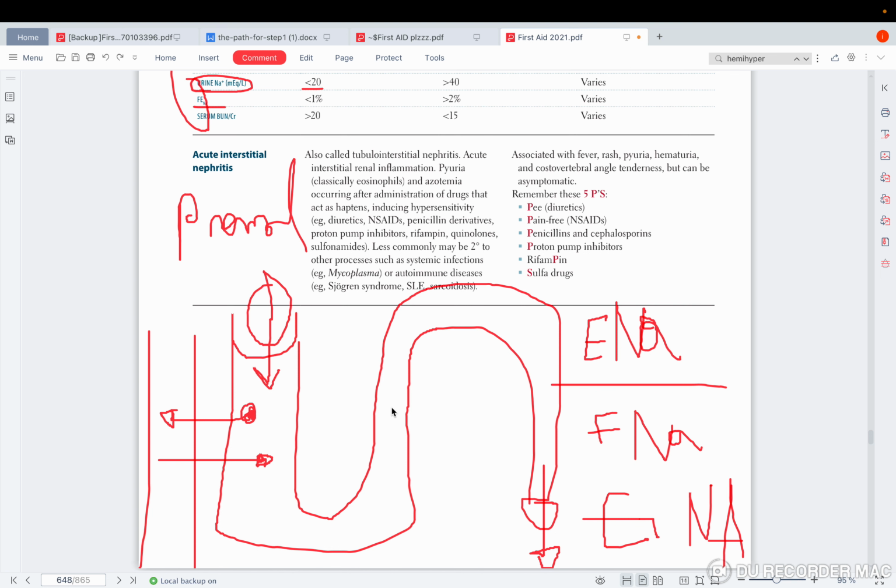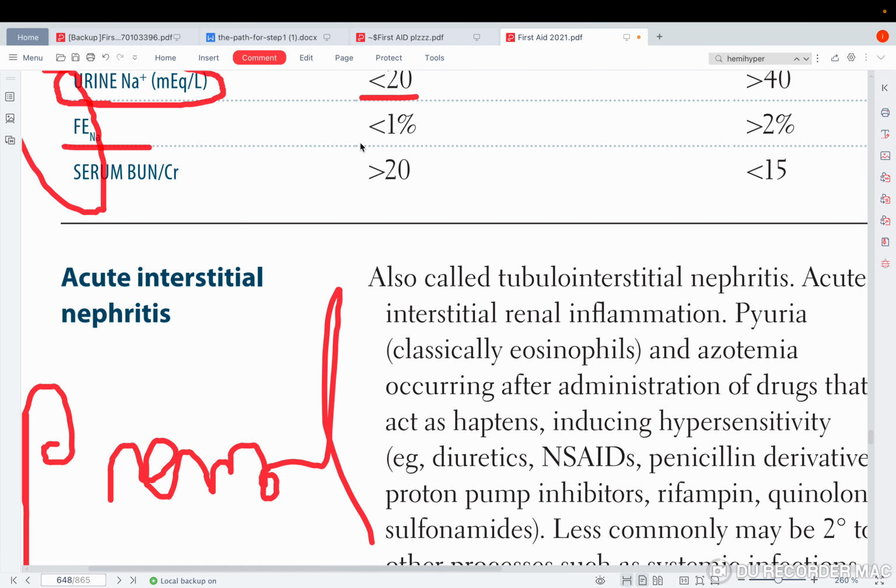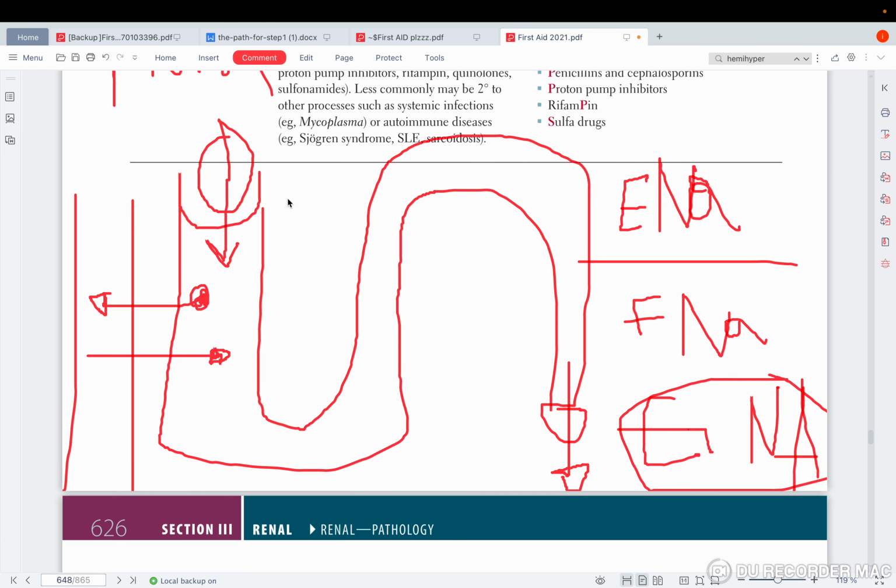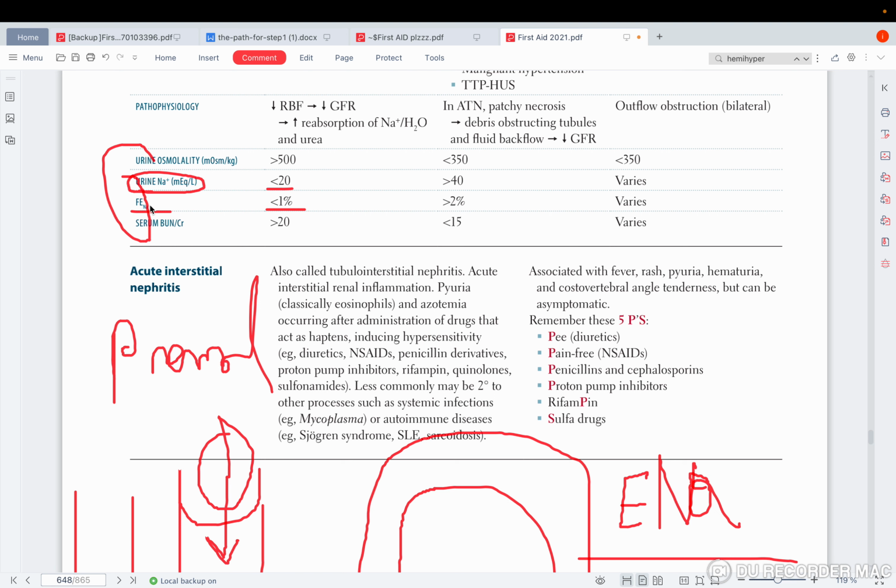Yeah, really low. If your tubules can reabsorb the sodium perfectly, the fractional excretion of sodium must be less than 1%, which means the pathology is not in your tubules.